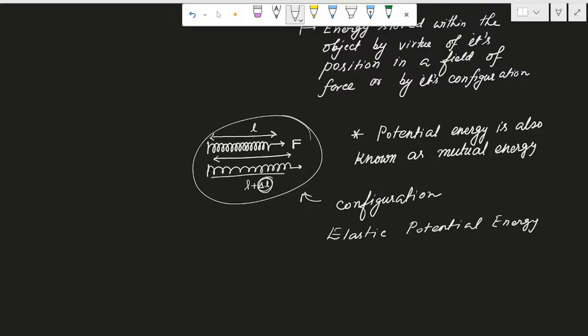As it is said in our lower classes, if a mass m is displaced to a height h, or you are taking a mass m to a height of h against the gravitational acceleration or under the influence of the gravitational field, then the work done is mgh, and that is the potential energy stored inside the object. So that is the basic concept of gravitational potential energy.